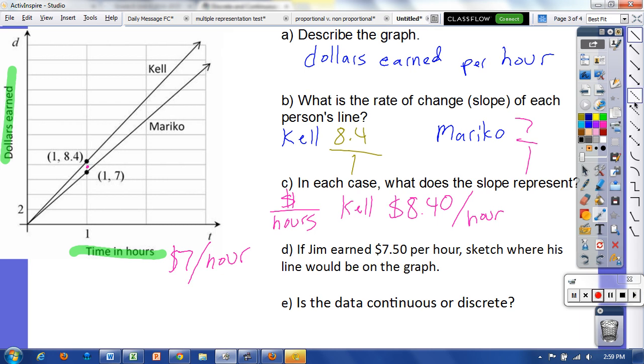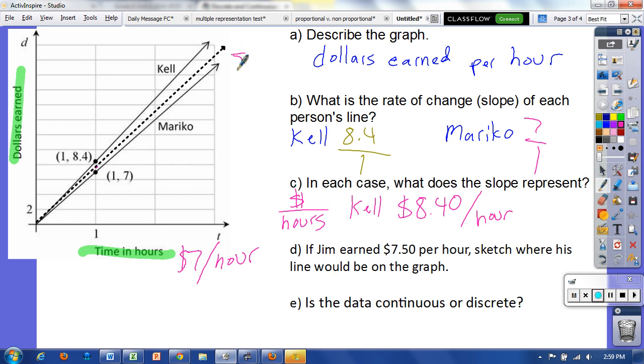So I'm going to sketch a little dotted line to give me that. All right. And that would be Jim's line here. Because it's $7.50, almost to $8, but not quite.